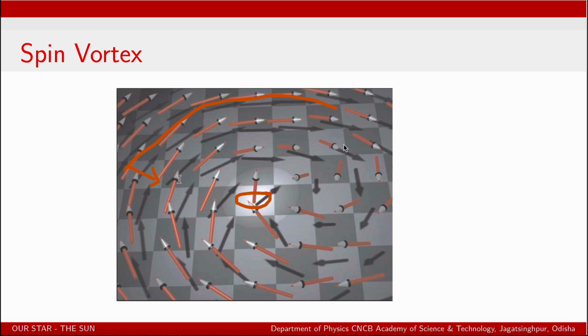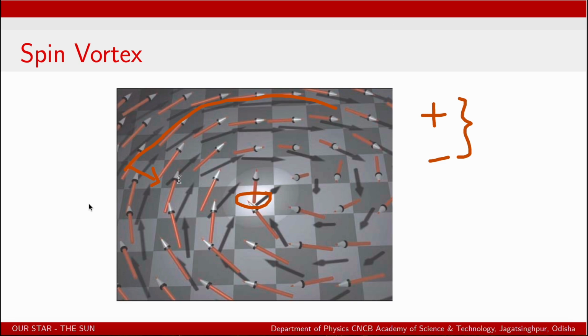Depending on the direction in which the spin changes, you can have a plus vortex or a negative, minus vortex. The magnetic field comes out from the plus vortex and enters the minus vortex, and these plus and minus vortices generally appear in pairs, because if they appear in pairs, it minimizes the energy. That's why you see the sunspots appearing in pairs.